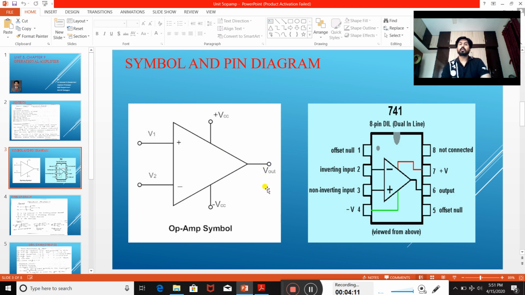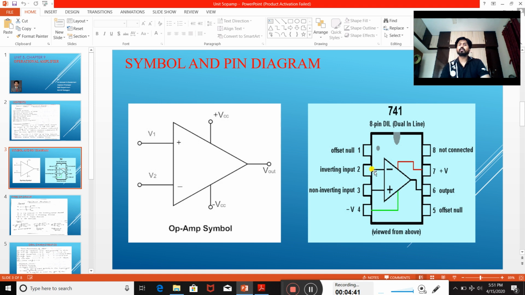Output will be collected at the output terminal. If you see the pin configuration of this IC, it consists of a total of 8 pins, connected in such a way that 4 pins are on one side and 4 pins on the other side. Hence it is called a dual inline package, 8 pin DIL, with pins on both sides.